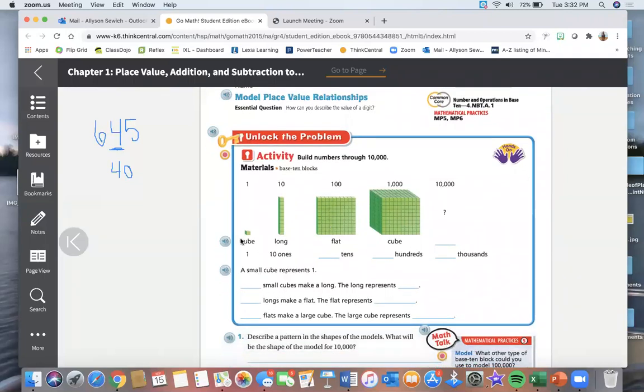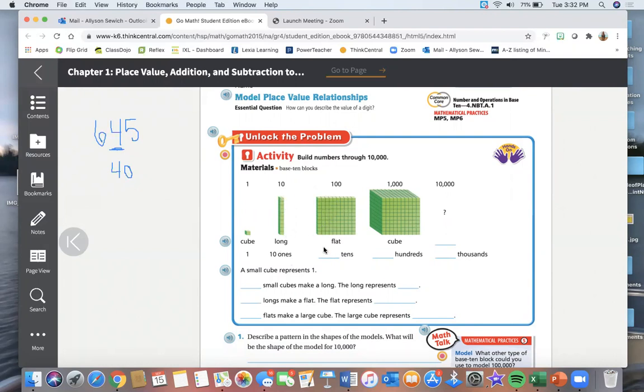So right here, we see that 1 cube equals 1. A long is 10 ones. It equals 10, so there's 10 cubes stacked up to make a long. And then a flat is made up of 100 ones, and it is made up of 10 longs.